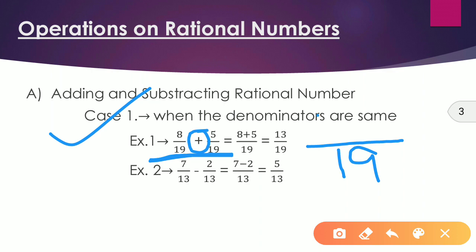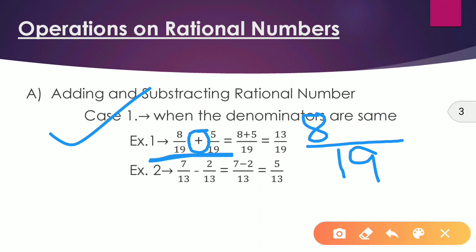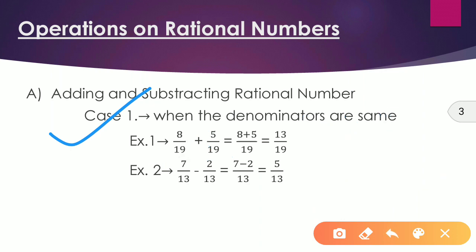First numerator is 8, plus second numerator is 5, which gives you 13 by 19. This is your answer. When the denominators are same, you simplify the numerators.